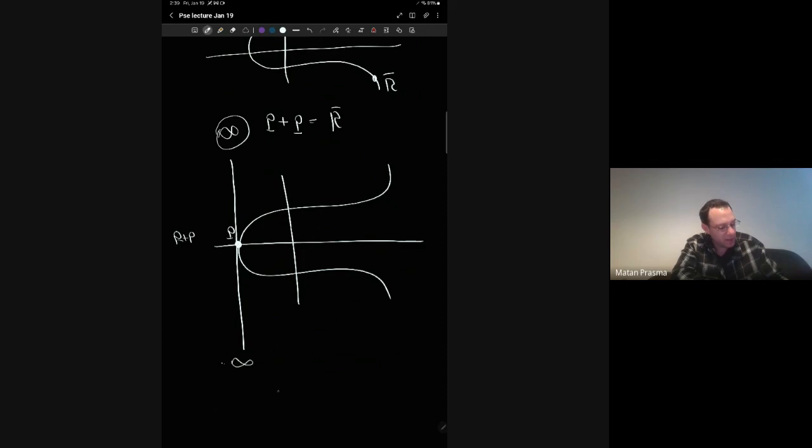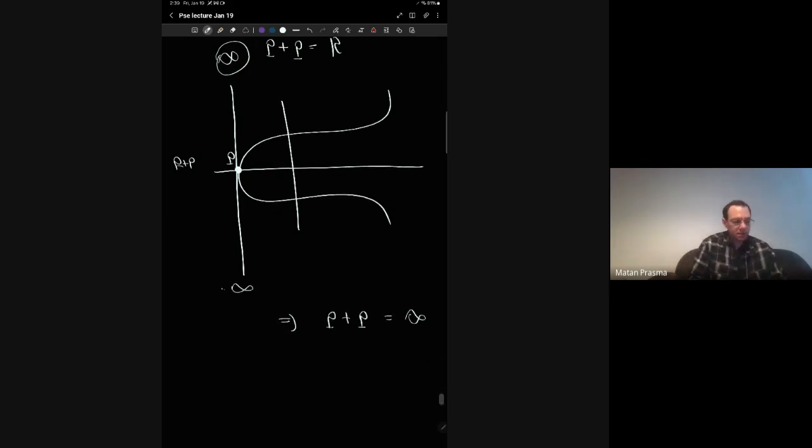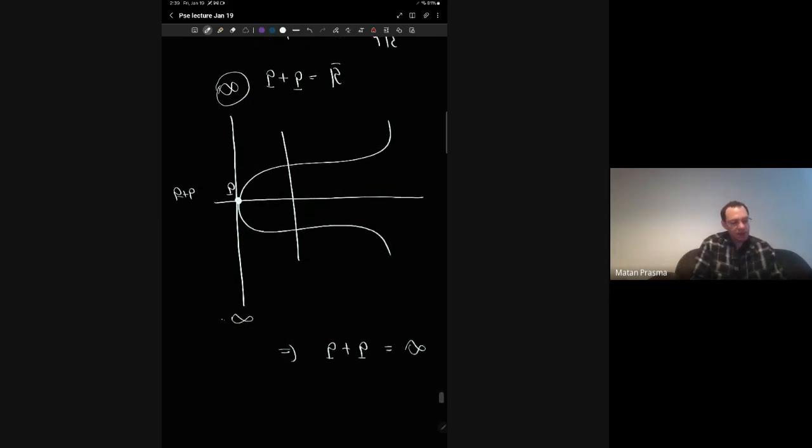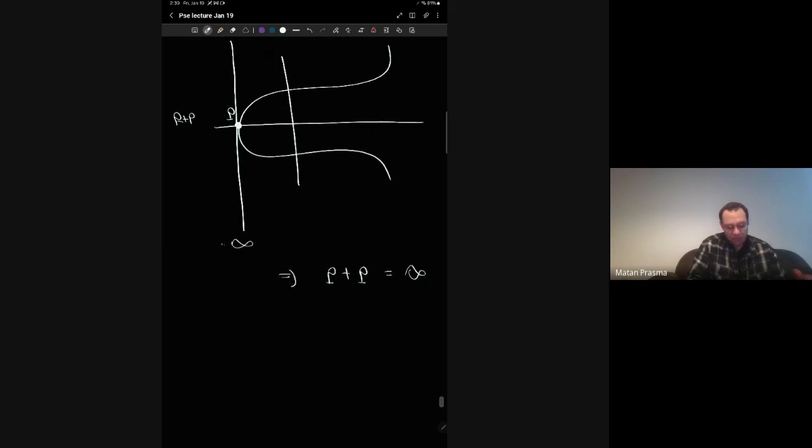So I get that P plus P is going to equal infinity. And maybe it's good to make a formal definition.